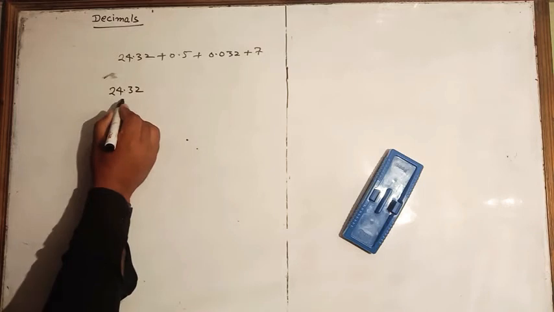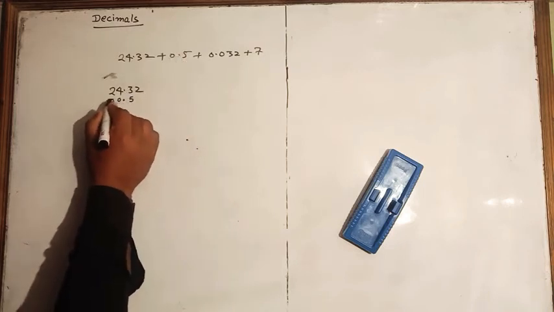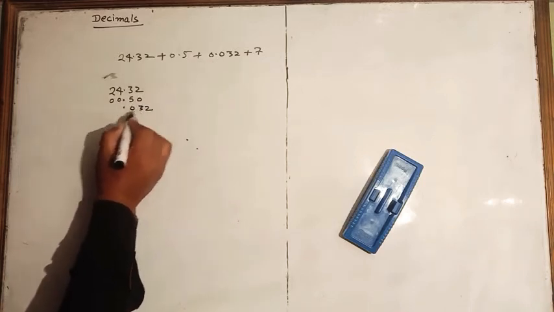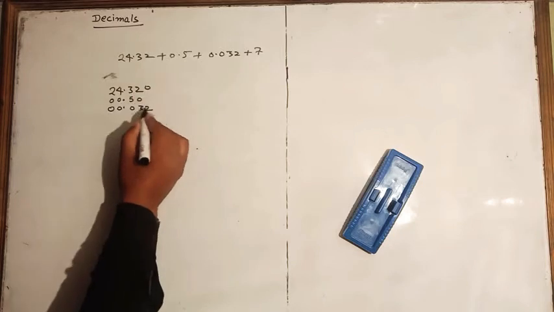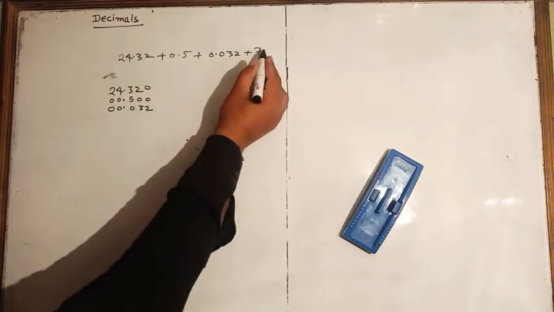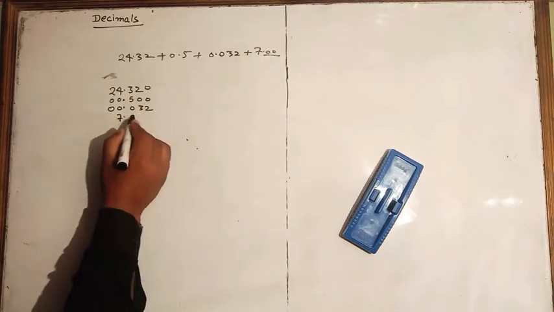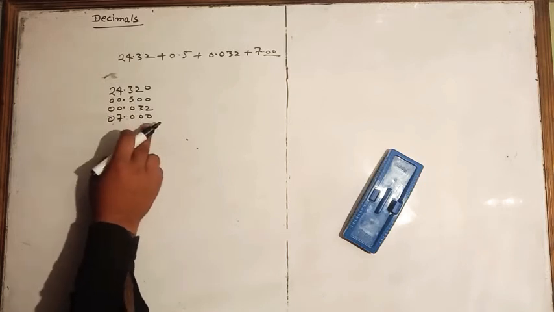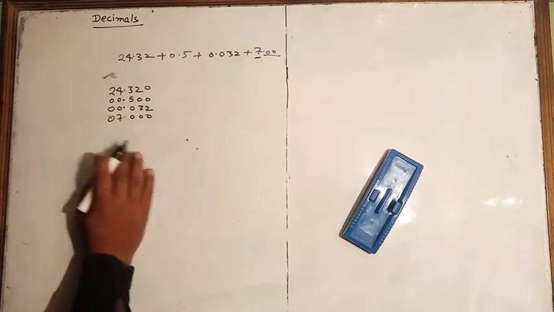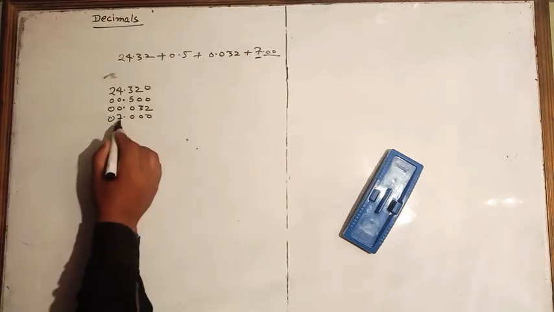Below the decimal you will put the decimal, then you will add 5 here and 0 here, and below the decimal 032. If the places are empty you can place 0 by your own. 7 has no digits after the decimal, so you can write 7.000. You will not write this 7 after the decimal, because it is before the decimal, so you will write 7 here.